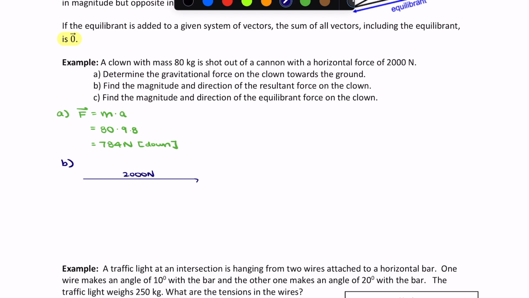Here we just calculated that the gravitational force is 784 newtons. Here, and we can draw the resultant vector.